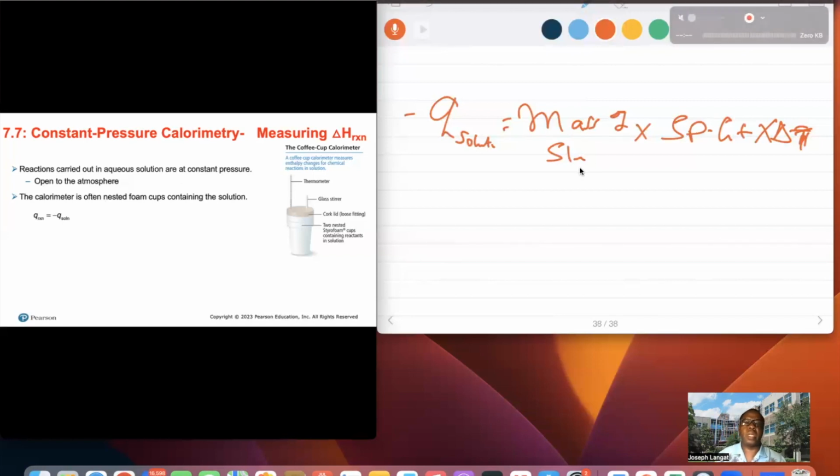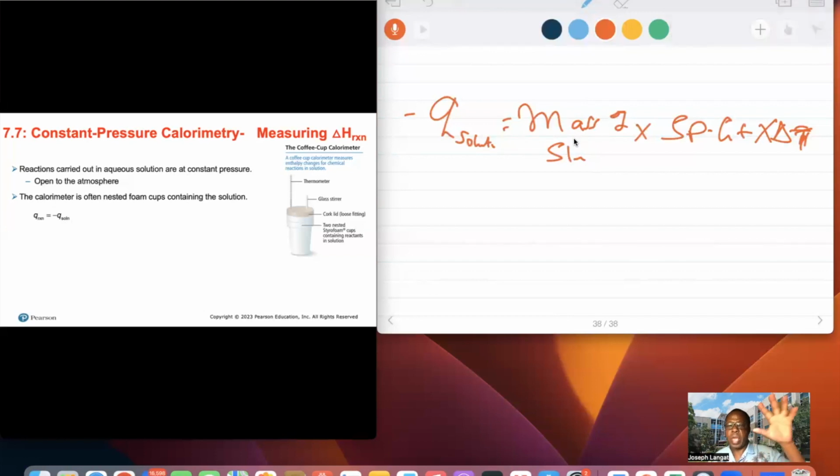Find the mass of the solution. And for most part, if you have reagent A, reagent B, both of them, you are putting them together, the combined mass here is the total mass used in the reaction.